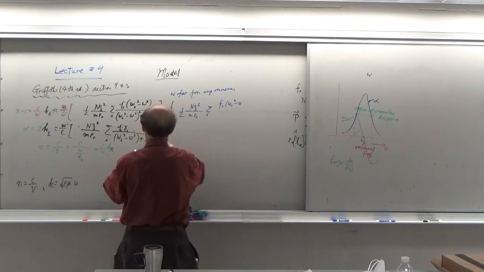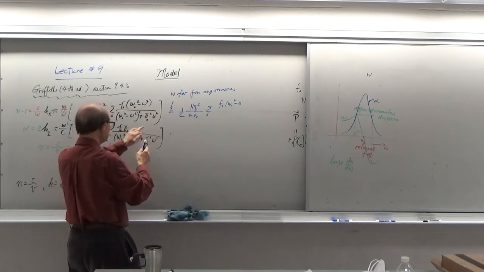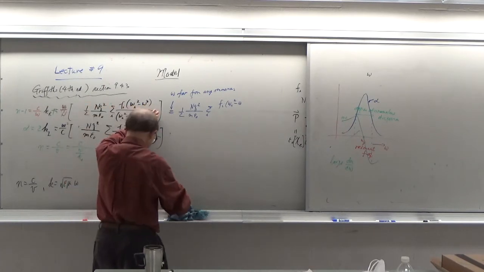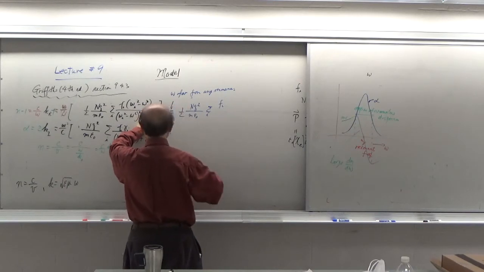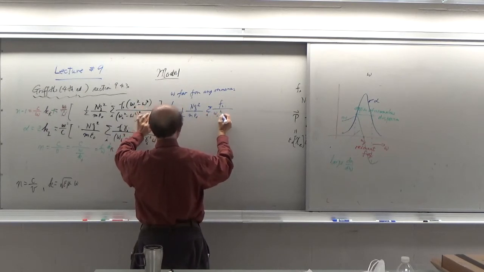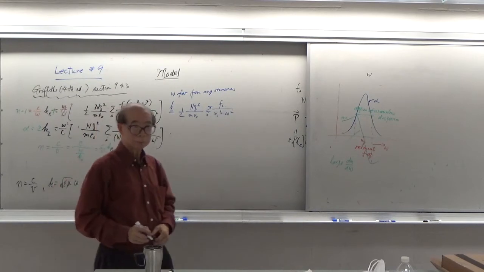Oh sorry, once we can neglect this damping term, this cancels one factor of that. So it's divided by the square of omega i squared minus omega squared.